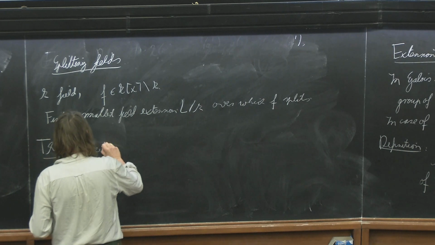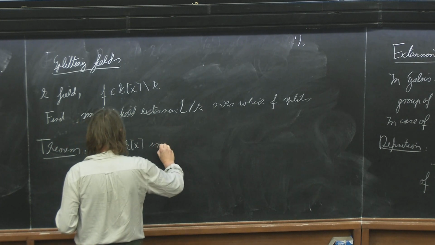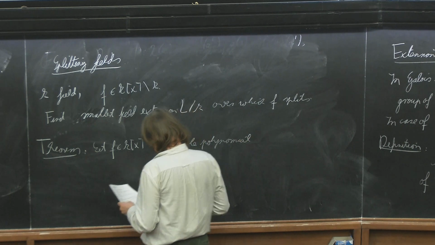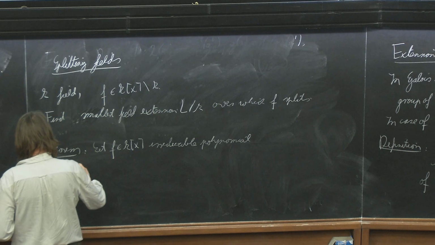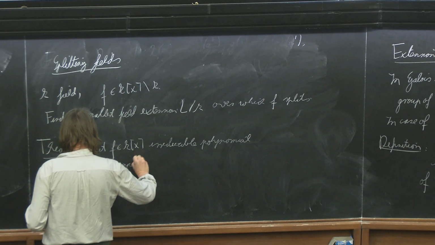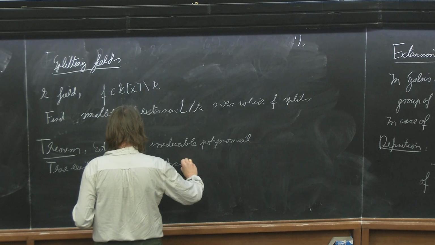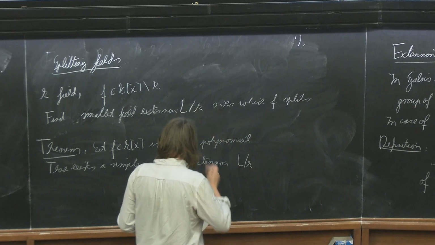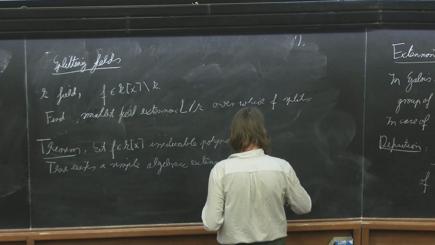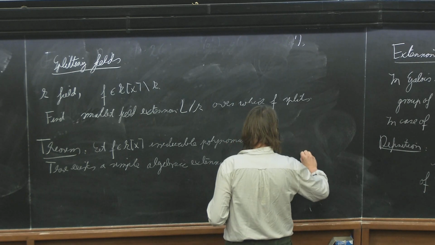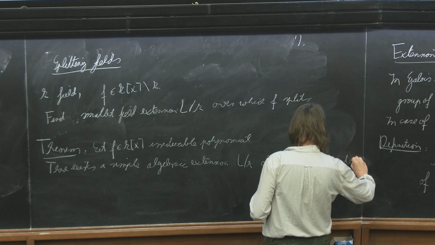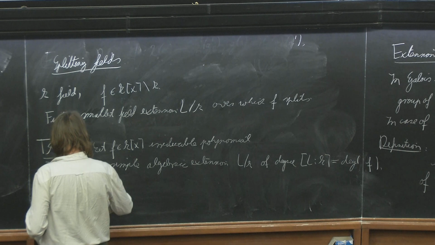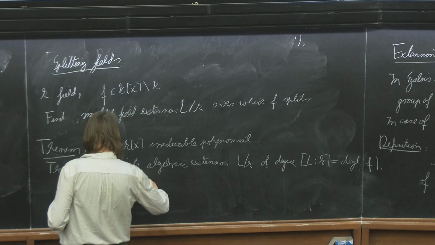Let f in K[x] be an irreducible polynomial. Then there exists an algebraic extension L over K, of degree equal to the degree of f, such that f has a zero in the bigger field.